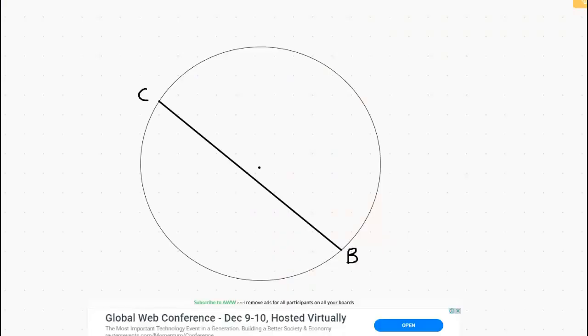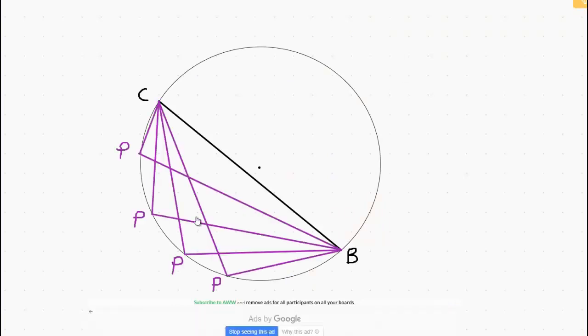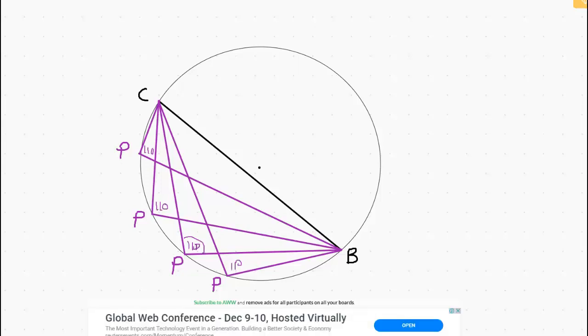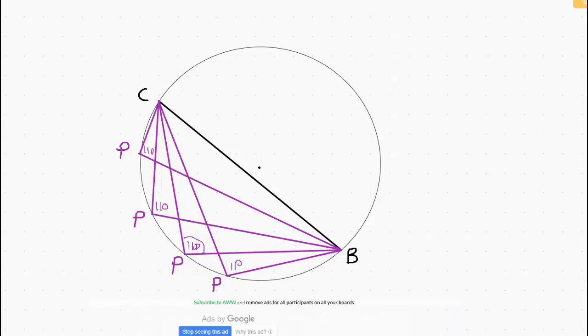Suppose this is line BC in the circle. Therefore, the point P which is moving on the border of this segment of the circle will make an angle of 110 degrees wherever it goes on this path. This is the angle 110. Now we have to draw only this portion of the circle.